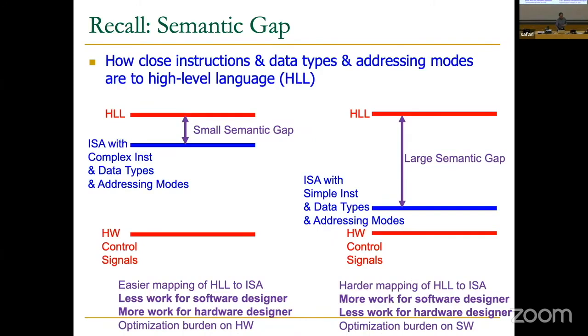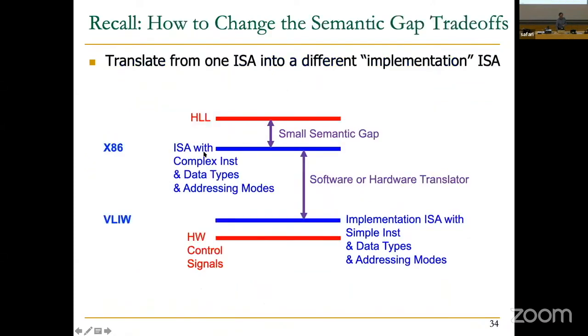And this is an example of the semantic gap. I will not go into this in detail again, but basically, they changed the semantic gap trade-off by having a small semantic gap between the high-level language and x86 over here. But then they use a software translator, a dynamic optimizer, that did a lot of optimization similar to what we discussed, to turn that code into VLIW code. And then the hardware can stay simple.